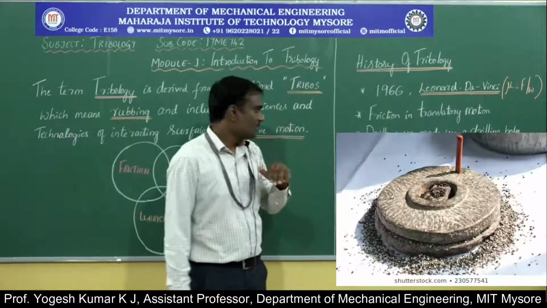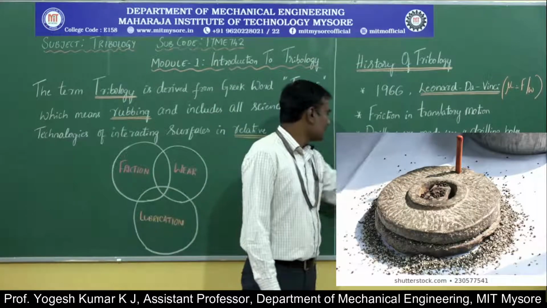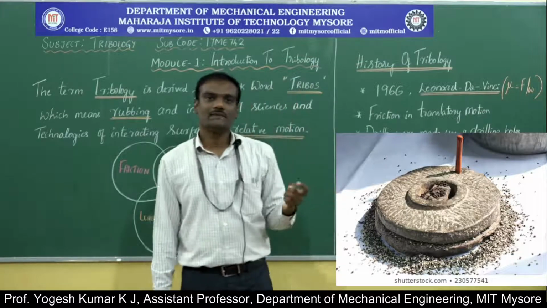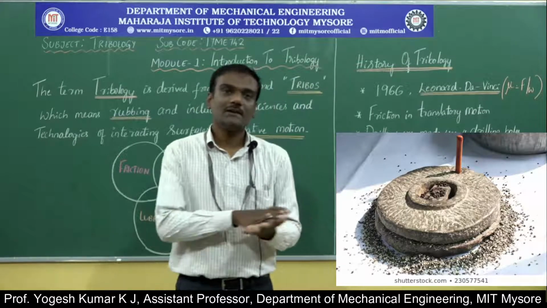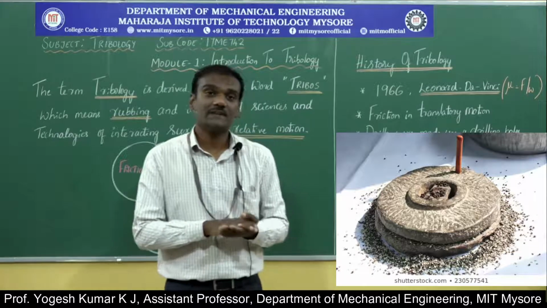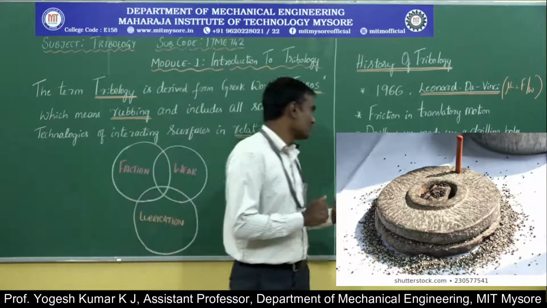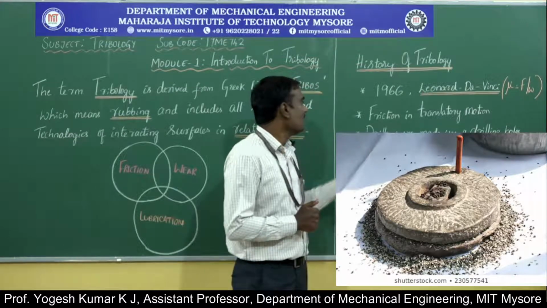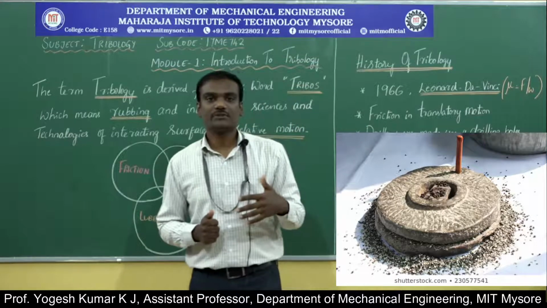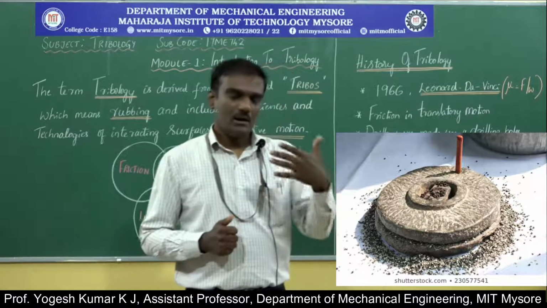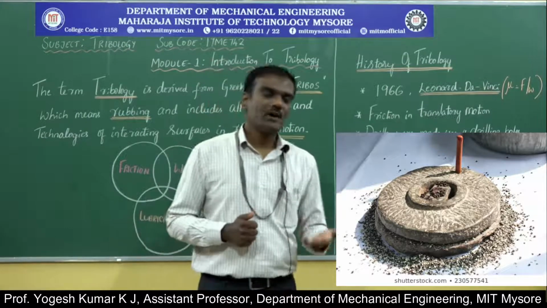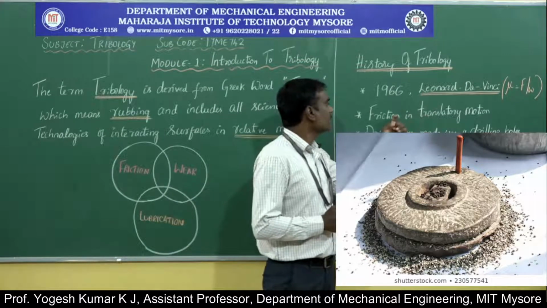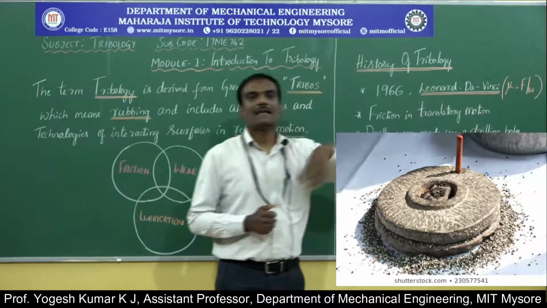If you remember the grinding of cereals, and the potter who used to turn the wheels, they also used relative motion between two contacting surfaces. There tribology was present, but the ancestors did not know what was happening. Our ancestors used some adhesive materials or some lubricating materials to minimize the friction in case of translatory motion.